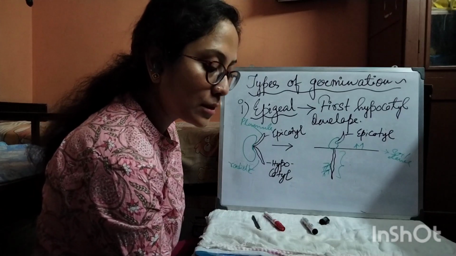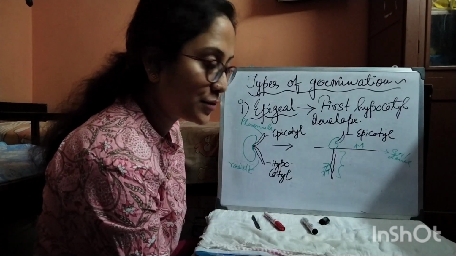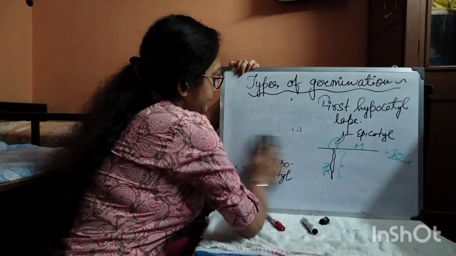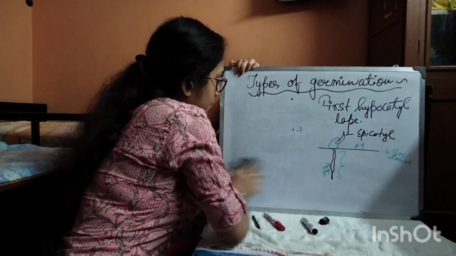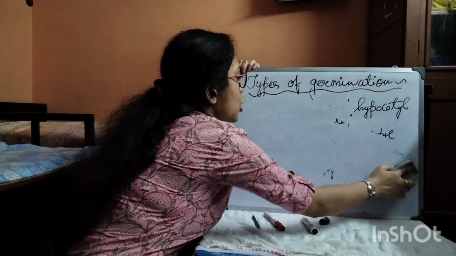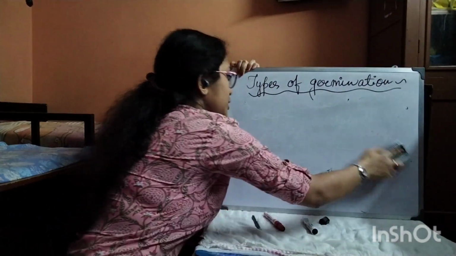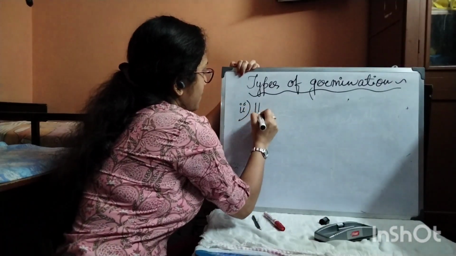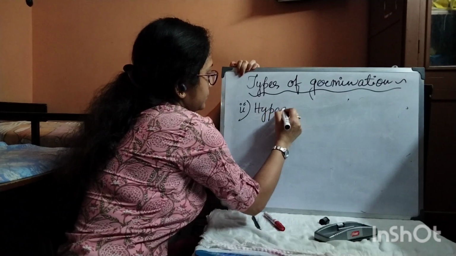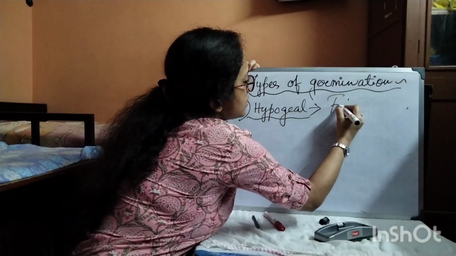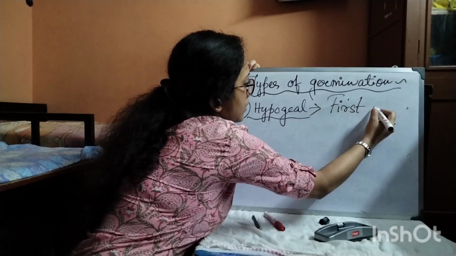In the next part, which is hypogeal germination, let's continue with that. In case of hypogeal, the scenario is just opposite. It is the first formation of the epicotyl. First, what will develop?